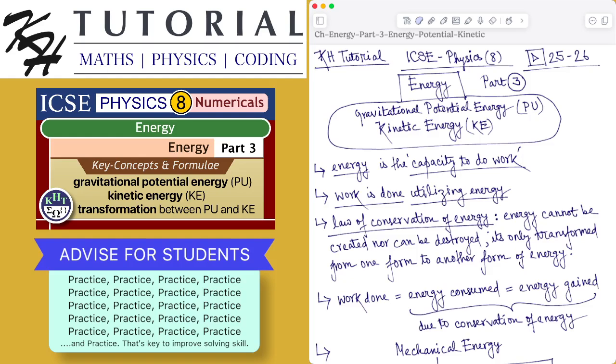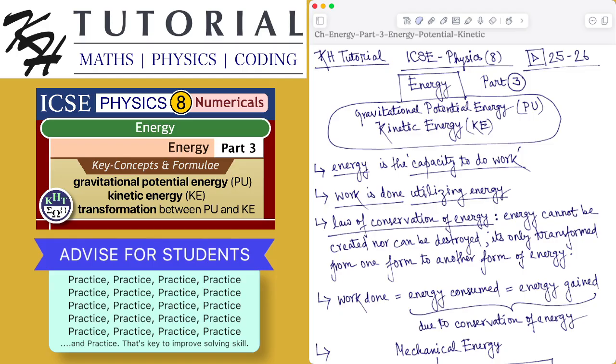Okay, now another important thing is the law of conservation of energy, which says that energy can neither be created nor destroyed. It can only be transformed from one form to another form of energy. Now there are various forms of energy.